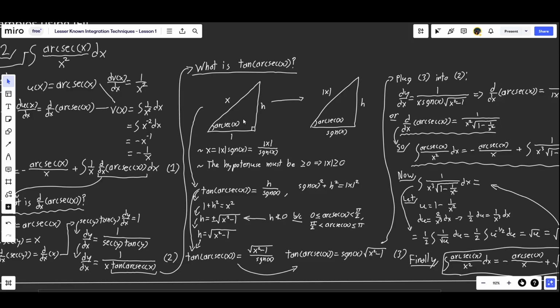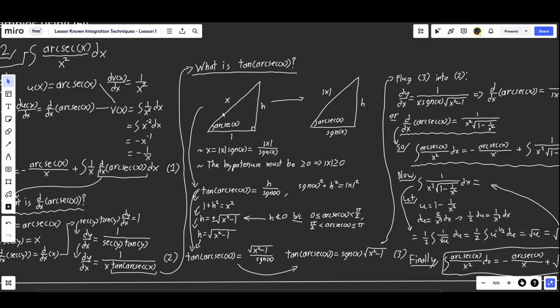Although this right triangle does produce the correct ratio between the hypotenuse and the adjacent side to produce x, it's not accounting for a certain caveat that arcsecant and arccosecant have when drawing these diagrams. And that's that the way the trig functions are defined is that the hypotenuse must always be positive. However, arcsecant of x can accept x values that are negative as well as positive.